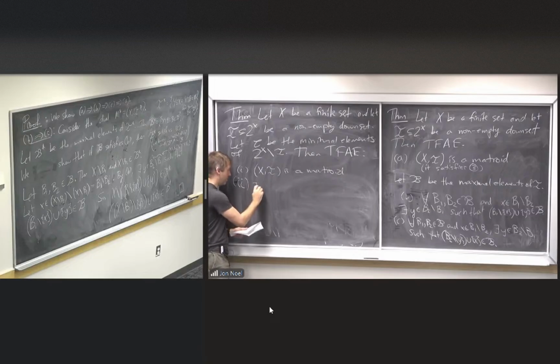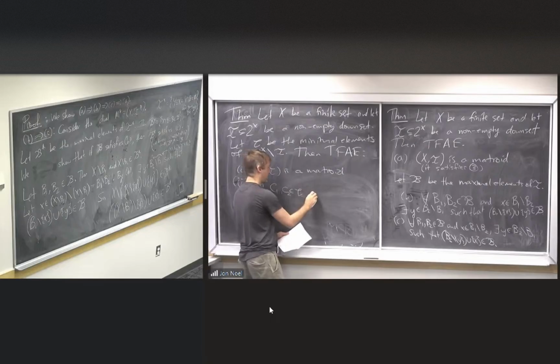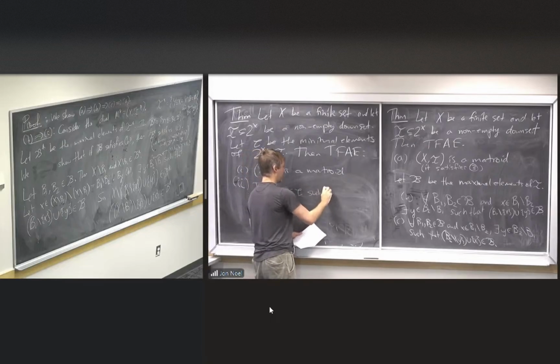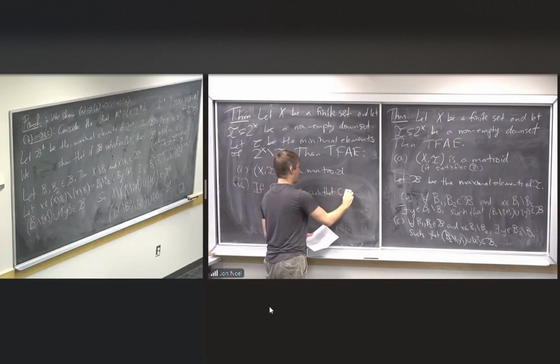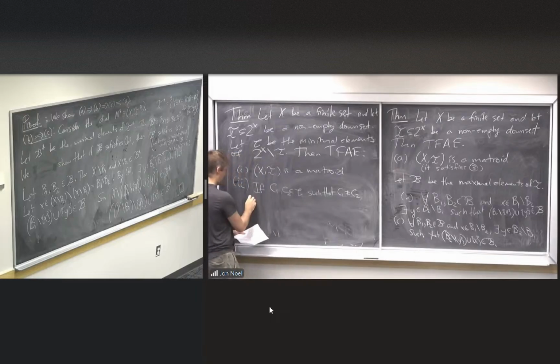If you take two circuits, C1 not equal to C2, and I pick any Z in the intersection of the two.